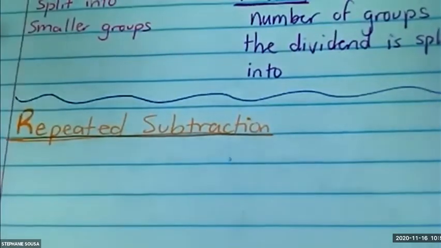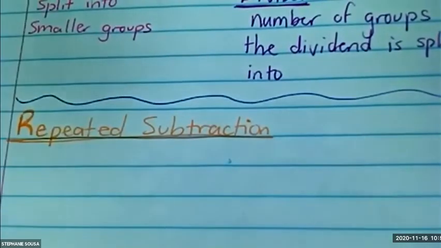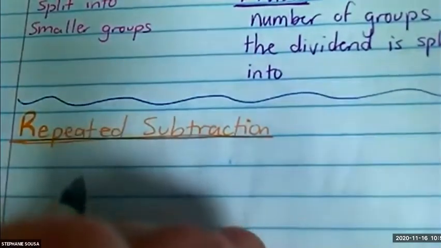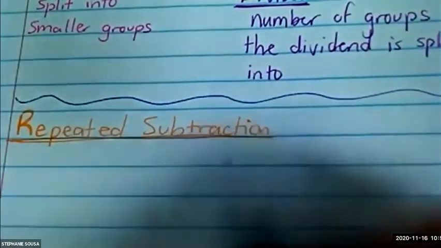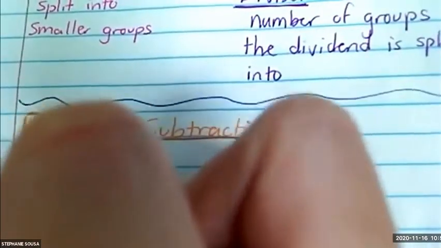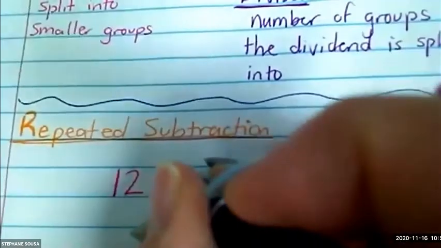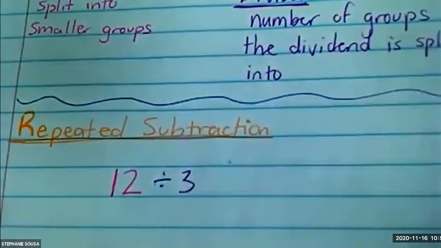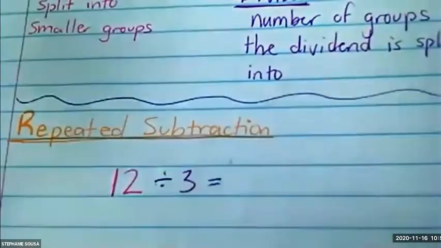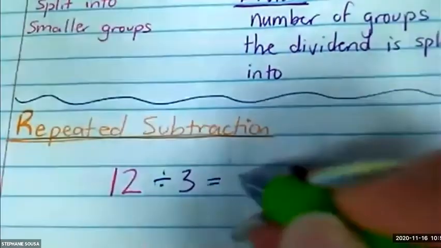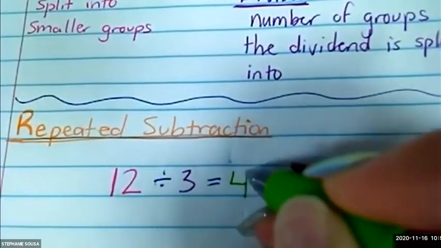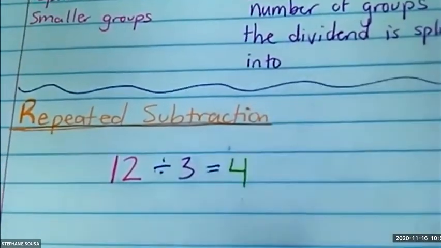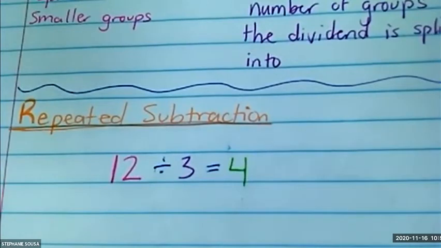Okay. Repeated subtraction, we're going to stick with the same problem that we did earlier. So let's show our 12 divided by 3 equals 4. We already know the answer because I've given it to you, but we're going to show how to solve this with repeated subtraction.